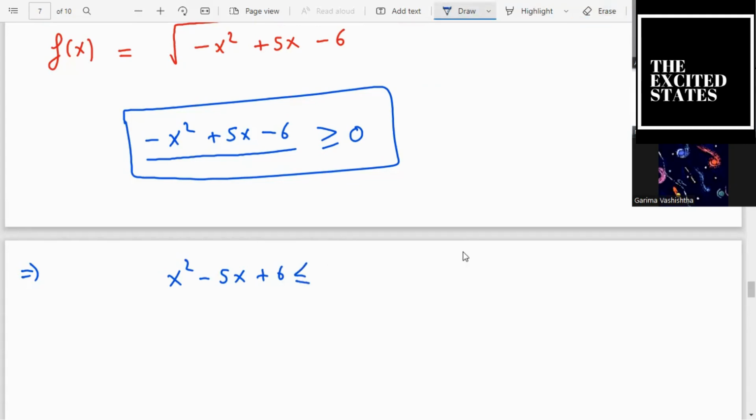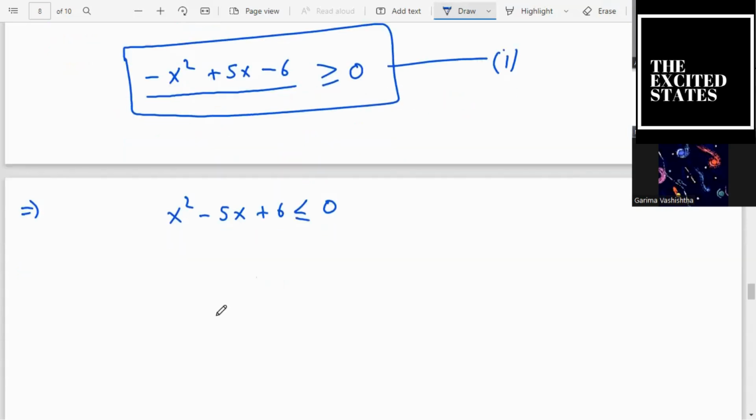Greater than or equal to 0 will be converted to less than or equal to 0. What I did here, I have just multiplied with the minus sign on both sides of this inequality. So minus x square will become plus x square, plus 5x becomes minus 5x, and minus 6 becomes plus 6.